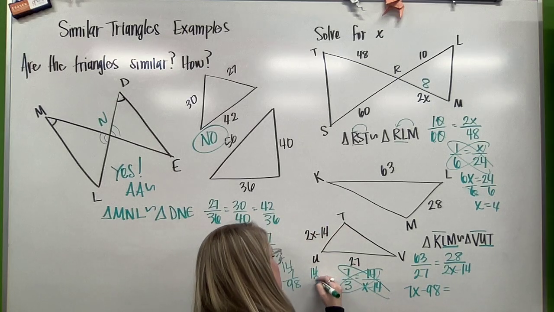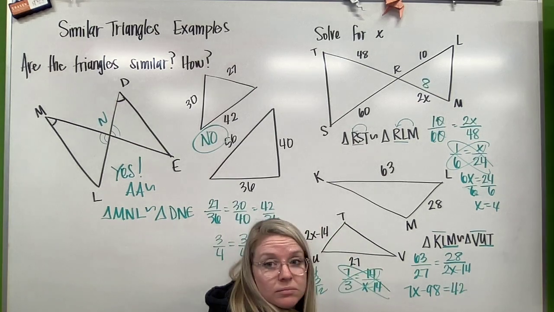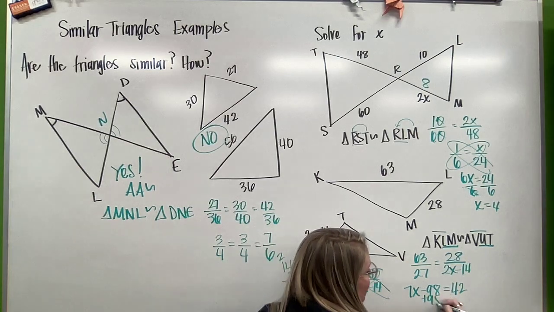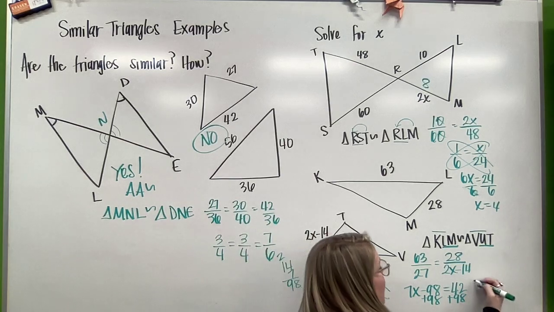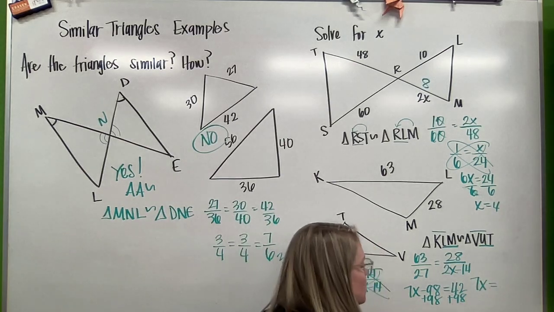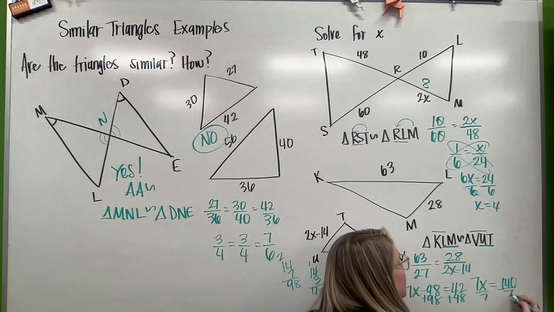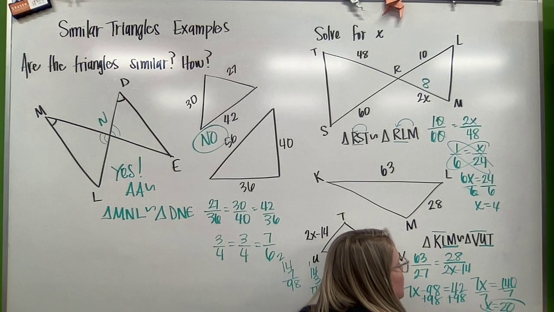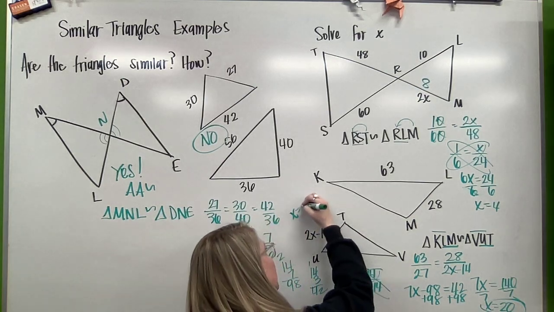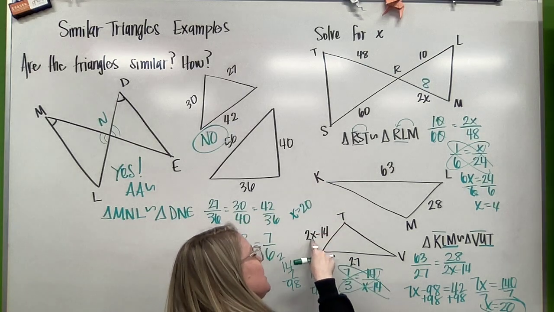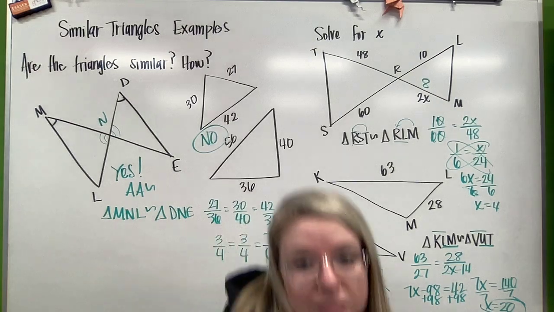And 14 times 3 is 42. Solve for x, I'm going to add the 98 over. So now I can see that 7x equals 140. Divide by 7, x equals 20. So if we plug that in, that's 40 minus 14. This side length would be 26.